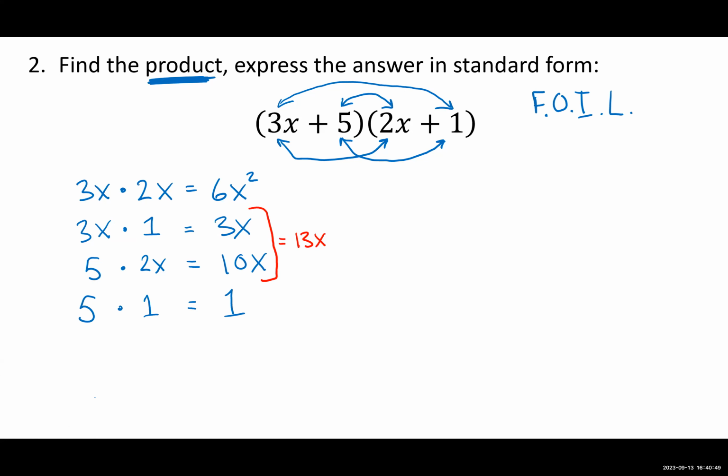So our final answer, once we've collected all the like terms, is 6x squared plus 13x plus 1. Another degree 2 polynomial. We'll call these quadratic polynomials later; we haven't defined what a quadratic is. At this point, we're just going to call this a degree 2 polynomial.